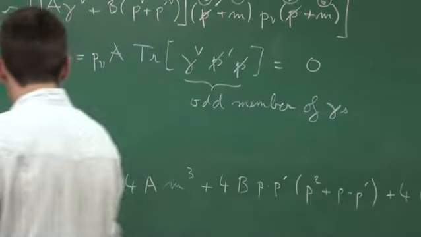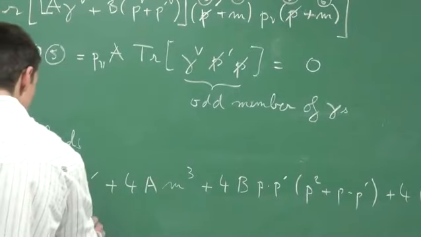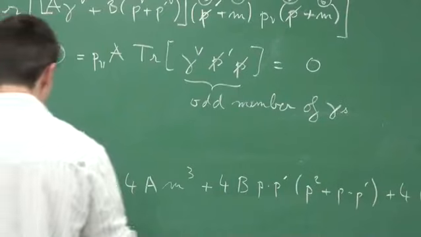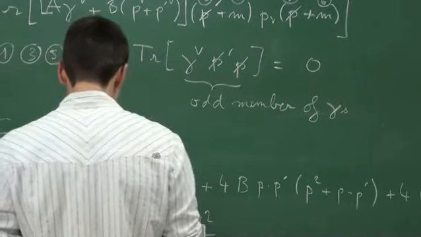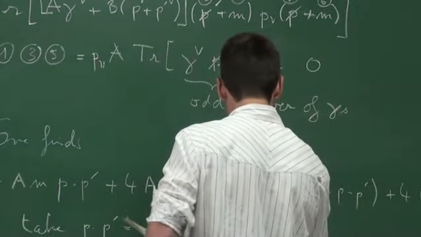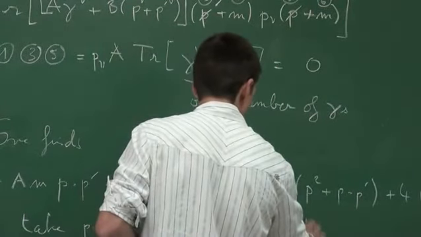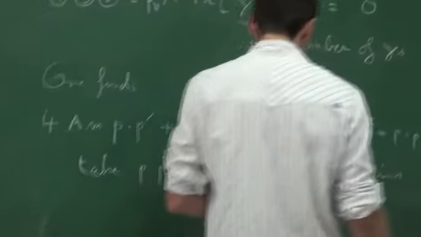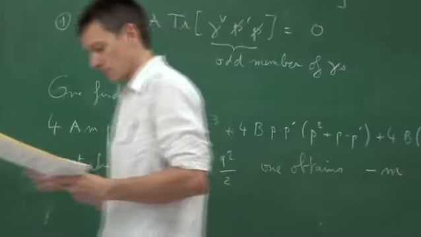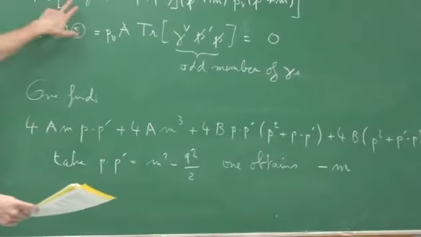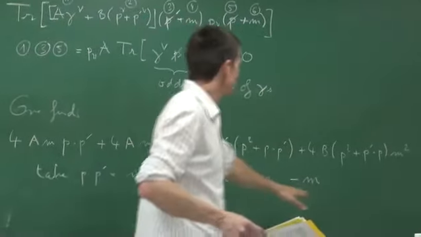And if you put here p prime for n squared minus 2 squared root 2, you find at the end minus n. So the action of lambda over P u is simply minus n.